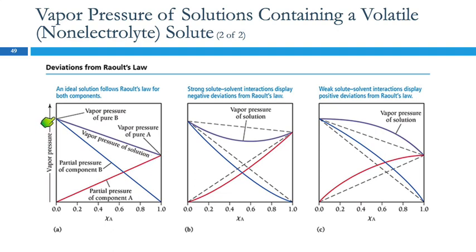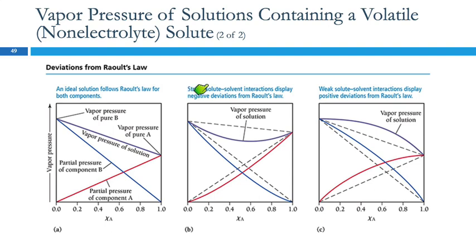When the mole fraction of A is 0, then the mole fraction of B is 1, and so this would be the vapor pressure of pure B. As B decreases, it'll go down to 0 when it's all A. And the ideal behavior is that the sum of these two things is a straight line. These are straight lines, and this is a straight line.